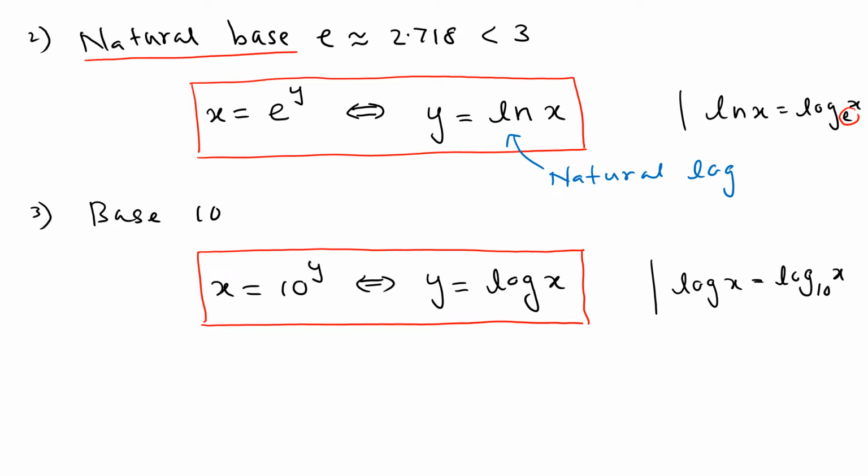Okay, so let's write a small note: in computer science, log x sometimes means log base 2 of x. So those are the three bases that we talk about: the general base, the base e, and then also base 10.